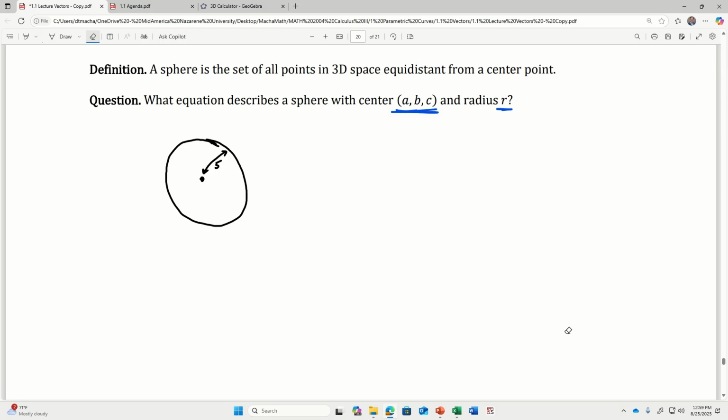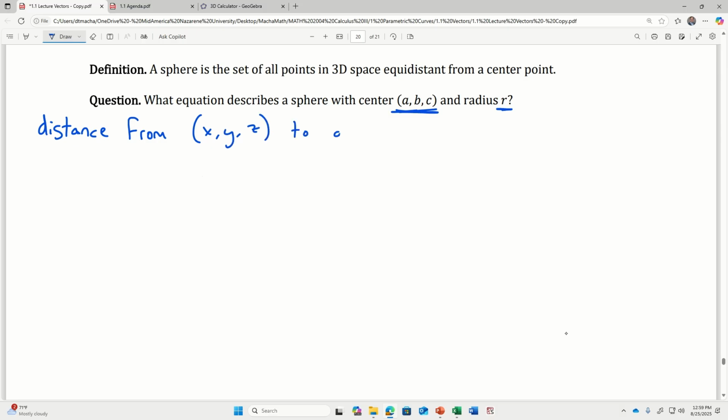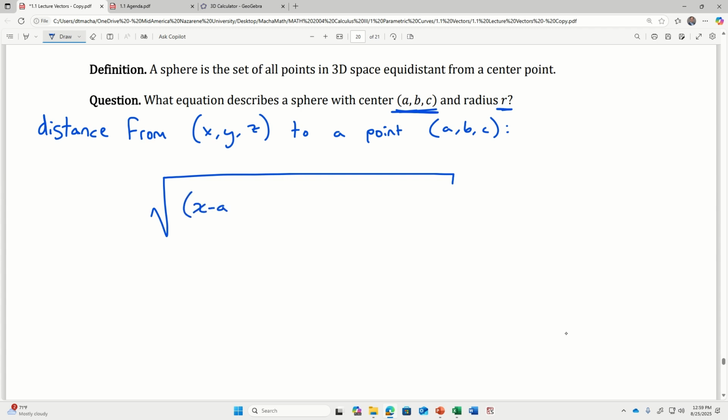The distance formula says, if I want the distance from a point XYZ to a point ABC, I'm going to do the square root of x minus a squared plus y minus b squared plus z minus c squared.